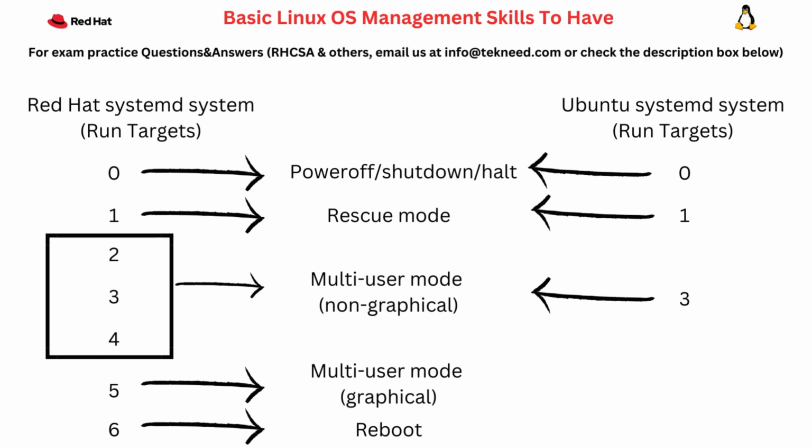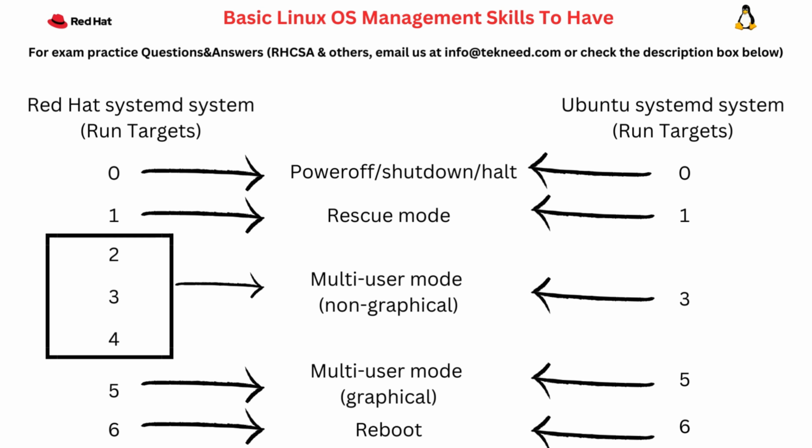So for run target 5, that is the multi-user mode, and of course, this has a GUI interface, so it's the same as the RHEL system. And for run target 6, it is also the same as the RHEL system, which is the reboot mode.